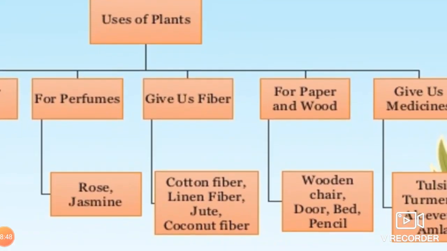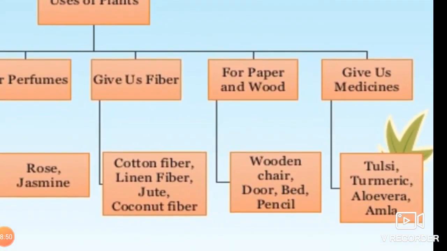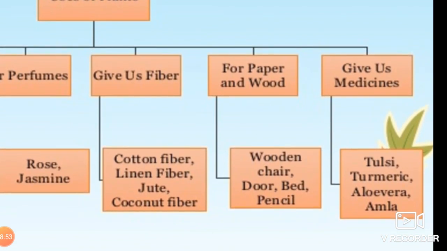For paper and wood, some plants give us paper like bamboo tree, and some plants give us wood for making furniture like deodar tree. Deodar trees give us wood and that wood is used to make furniture.